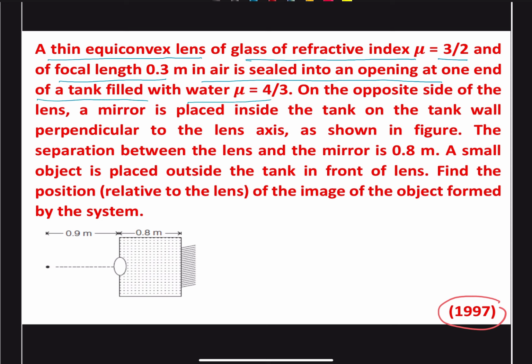On the opposite side of the lens, a mirror is placed inside the tank on the tank wall, perpendicular to the lens axis as shown in the figure. The separation between the lens and the mirror is 0.8 meter.